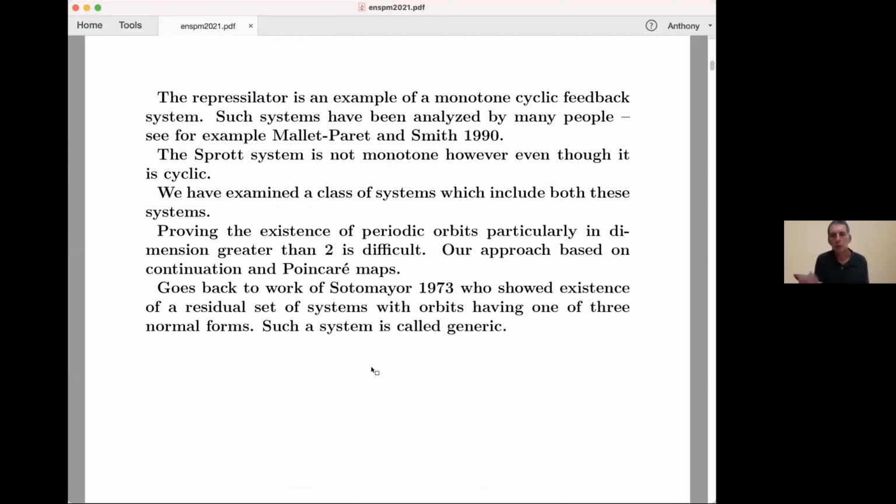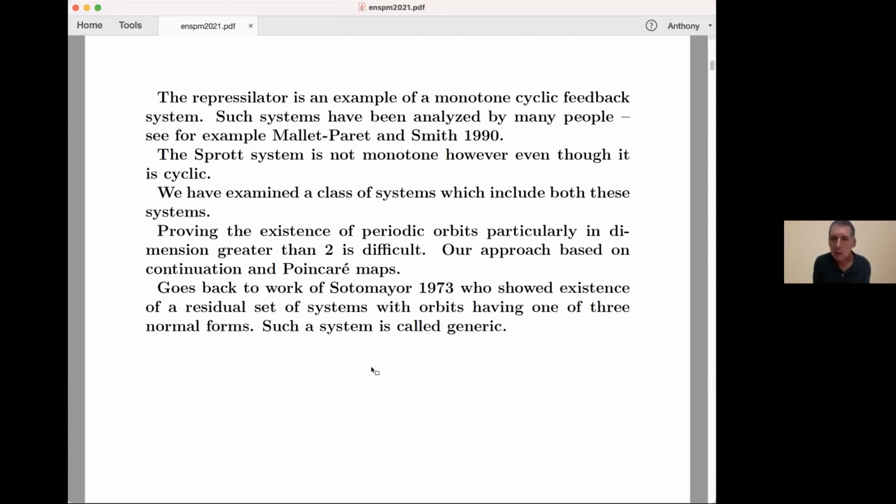You had x dot equals y squared minus z and so on. So the techniques that can be used to describe monotone cyclic feedback systems do not apply to the Sprott system. But nonetheless, we were able to look at techniques which describe both the Sprott system and the repressilator model. And the main thing here, as I said, there are all sorts of background problems that we're interested in, but the main problem I want to concentrate on here is the existence of periodic orbits.